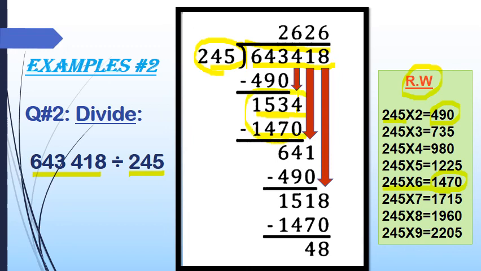Now subtract it and then follow the same method in the next two steps. But here 480 is left, that is called the remainder, and 2626 is the answer and is called the quotient.